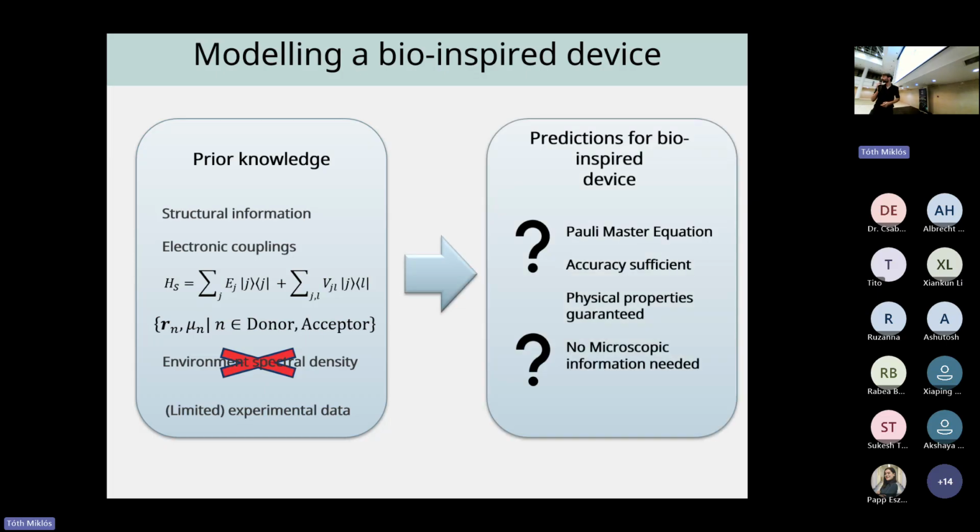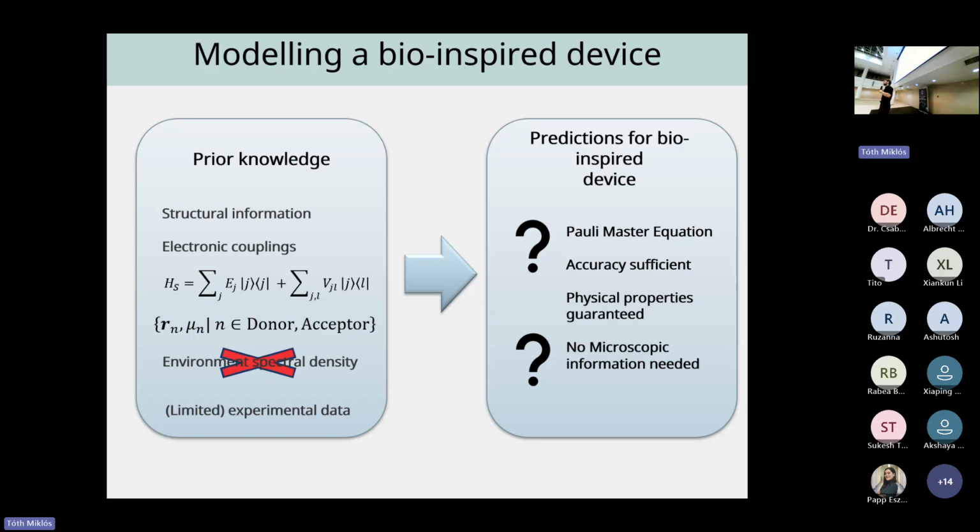And what do you want to get out of this, right? We want to get out something that looks like a Pauli master equation, because it's just more scalable than a full quantum master equation. We want something that is sufficiently accurate, but we don't care about percentages, right? And we want an estimate that is maybe on the conservative side. Importantly, we want all physical properties guaranteed.